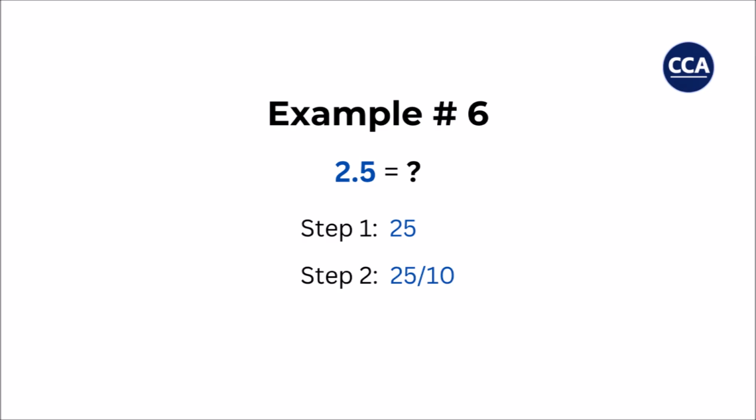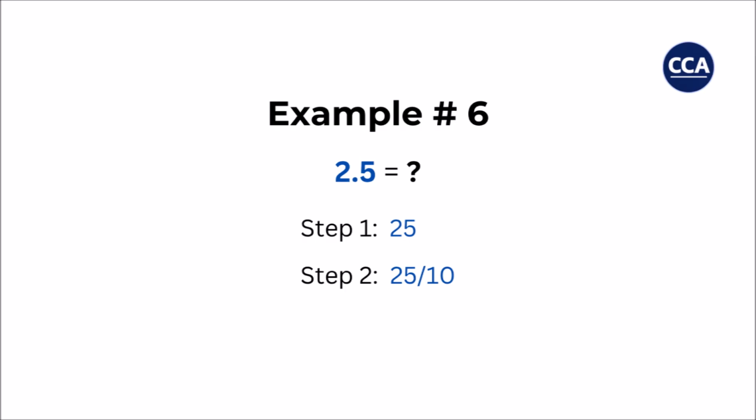Now let's get back to our next example, where we do something slightly different. What if the decimal is bigger than 1? For example, 2.5. Same idea. Remove the decimal point, and you get 25. There is 1 digit after the decimal, so write it over 10. That gives us 25 over 10.